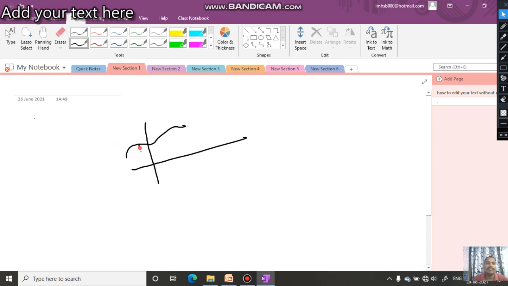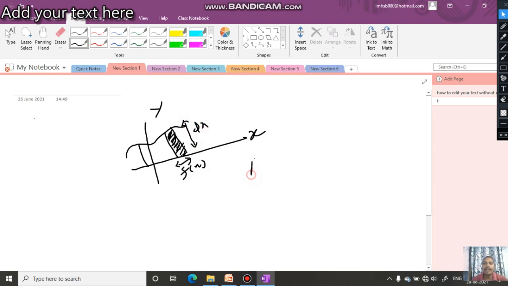a definite region, let's suppose x-axis, y-axis, and I am going to plot a random graph, and I just want to find the area of this strip. So how to find this strip area? I simply take the height of this strip as f of x, and the width of this strip is d of x.